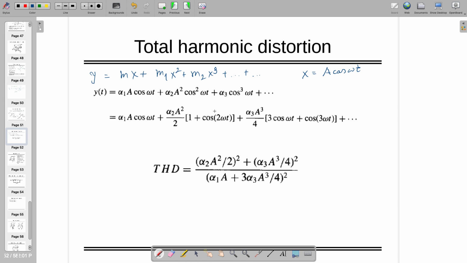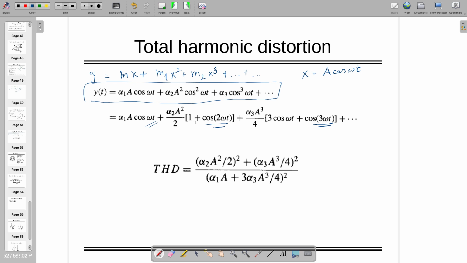So this is what we are seeing when we are replacing x equal to a cos omega t. So it's going to be alpha 2 a square by 2 times 1 plus cos 2 omega t, and you can write down everything in terms of omega t, 2 omega t, 3 omega t, not in square and cube terms, which can be replaced by a simple identity which is already known to you, right?